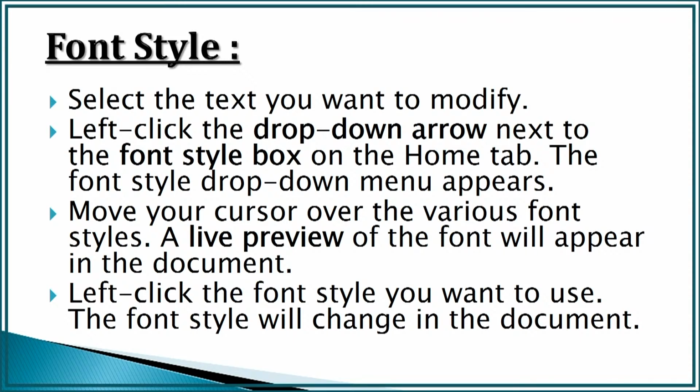We can follow some format, a particular style for our headings, a particular style for the text, and a particular style for the subtitles of the diagrams. Whenever we select the font style box, we can have a live preview of the font that will appear in the document, and when we left click the font style we want to use, the font style will change in the document.